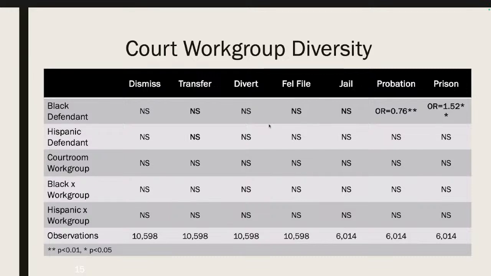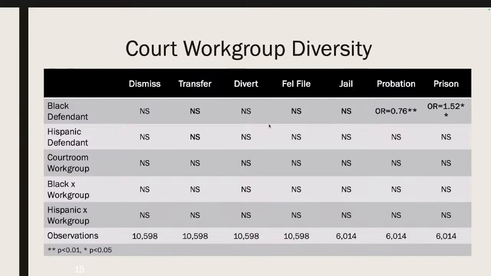So in other words, defendants of various races and ethnicities, their case outcomes were not dependent on the racial diversity of the work group, their attorney's race, the judge's race, their race, in combination with the work group. It just simply didn't matter systematically in any of our analyses.